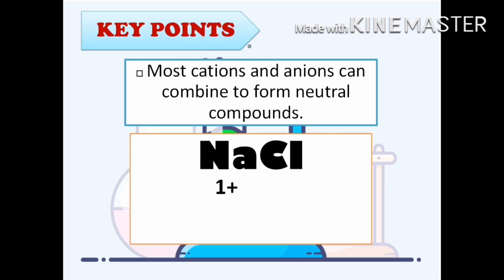And since there is only one atom of chlorine present in this compound, that gives a total negative charge of 1 minus. Take note that the net charge of an ionic compound must be 0, and for a compound to have a 0 net charge, it has to be electrically neutral. Just like this example, since this ionic compound is a neutral compound, the net charge of this compound is 0.